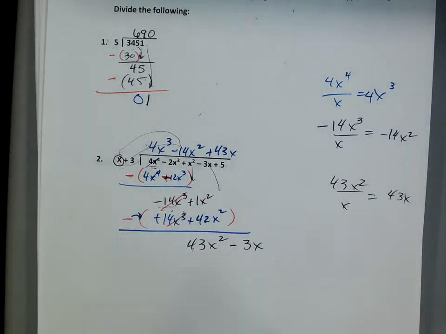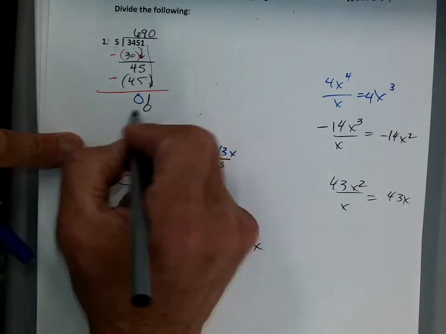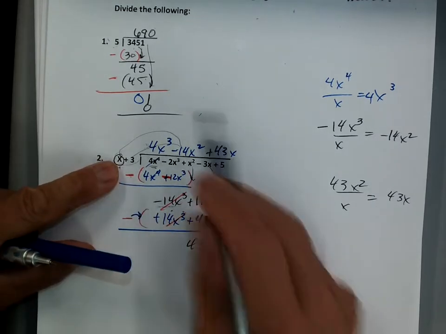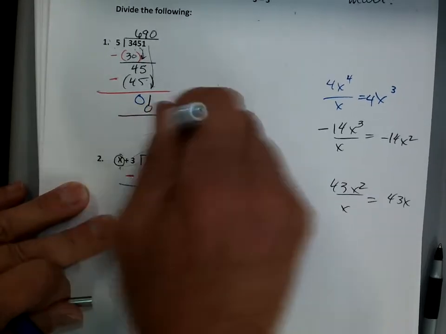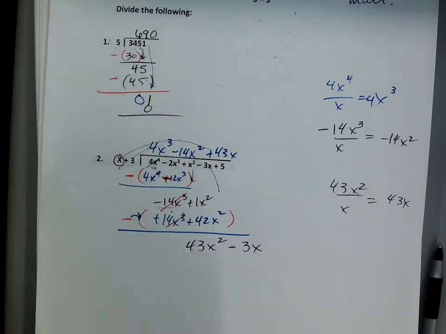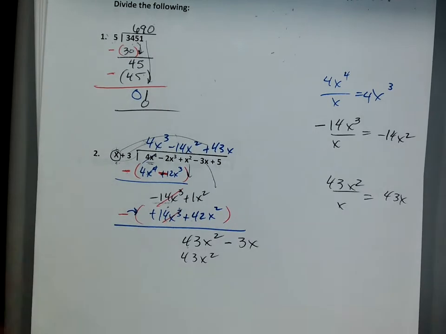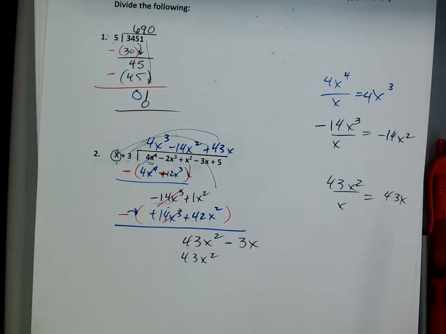What I do up here, I multiply 5 times 0, which is 0. Now I'm going to multiply x times 43x, which gives me a positive 43x squared, and then 3 times 43, I need a calculator, 43 times 3, and I get 129.